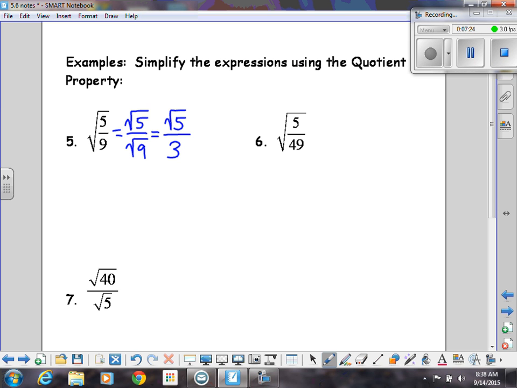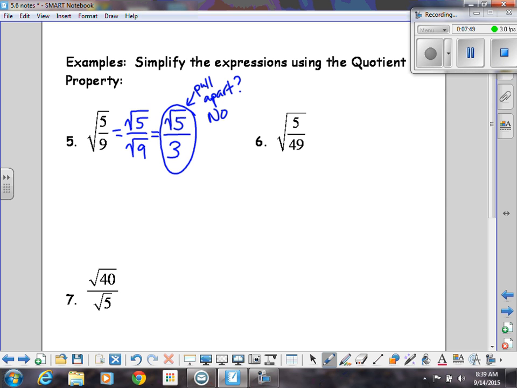Remember, that's our other criteria. Now we also have to check, can I pull this one apart? That's what you always have to ask yourself. Can I pull that apart? And no, I can't pull 5 apart. It's just 5 and 1, so that doesn't pull apart to be anything. So this is my final answer.